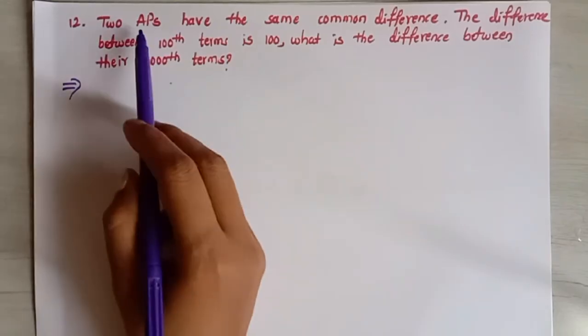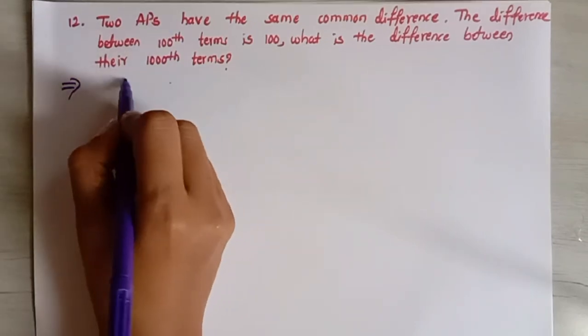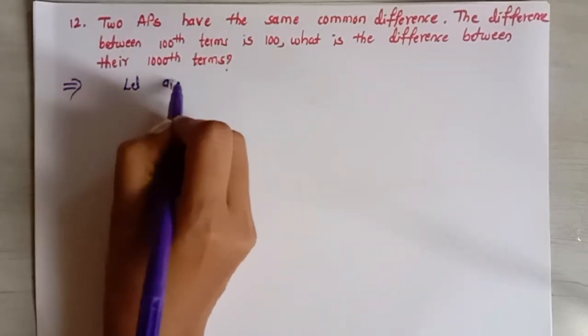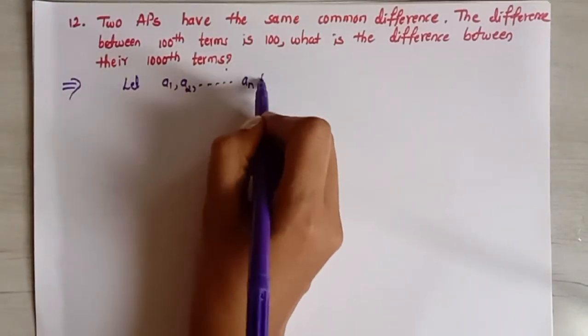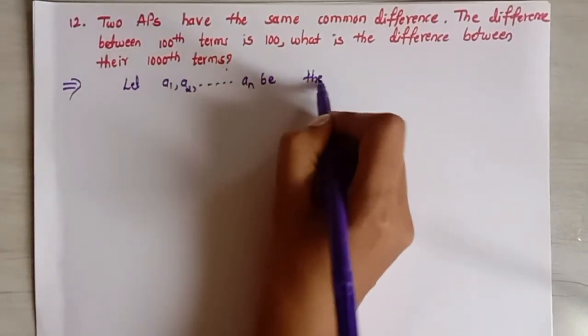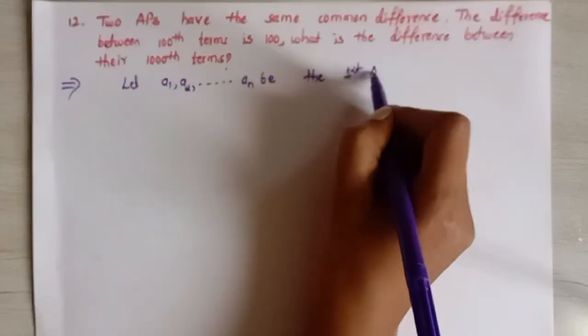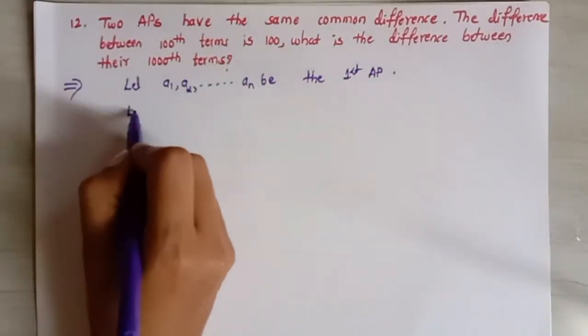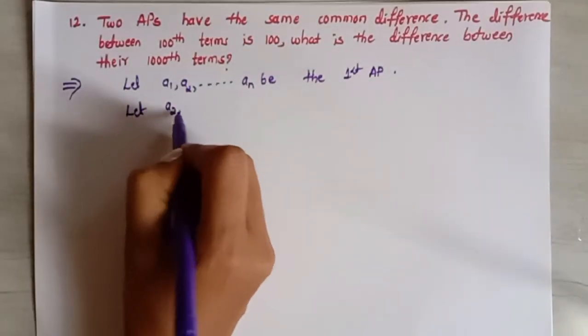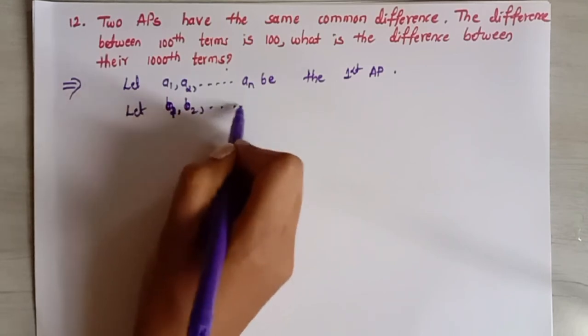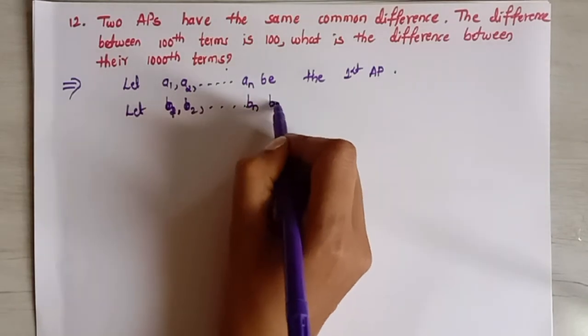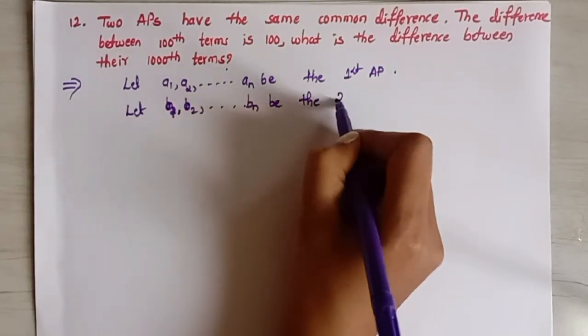So let us take these two APs. Let A1, A2 and so on up to An be the first AP. Okay. Let us assume like this. Next let B1, B2 and so on up to Bn be the second AP.